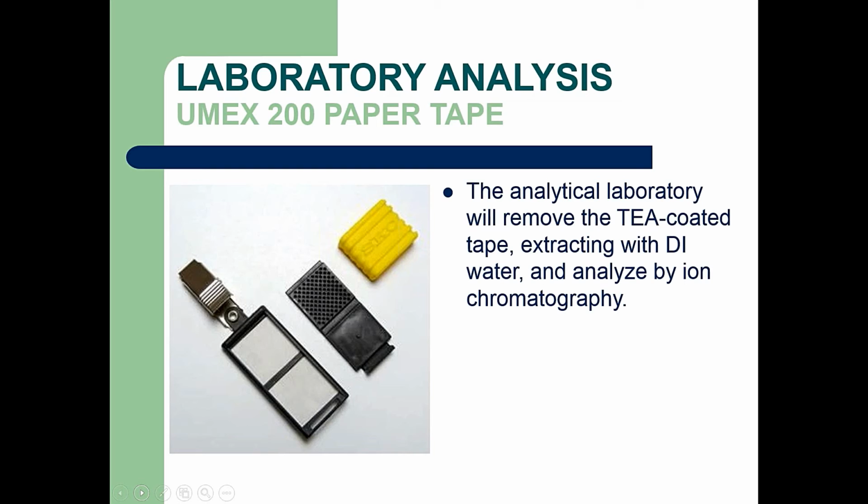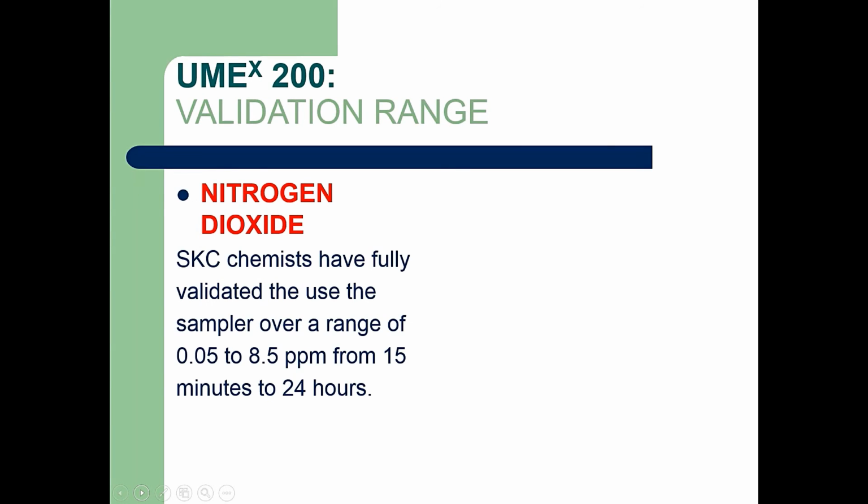The analysis procedure is similar to the OSHA active sorbent tube method, but it has been optimized by SKC chemists to measure the lower contaminant mass that you would collect with passive rather than active sampling. Very simple, nice method.